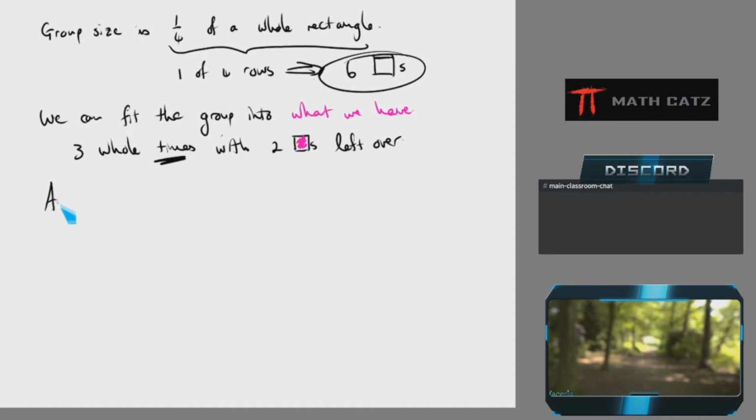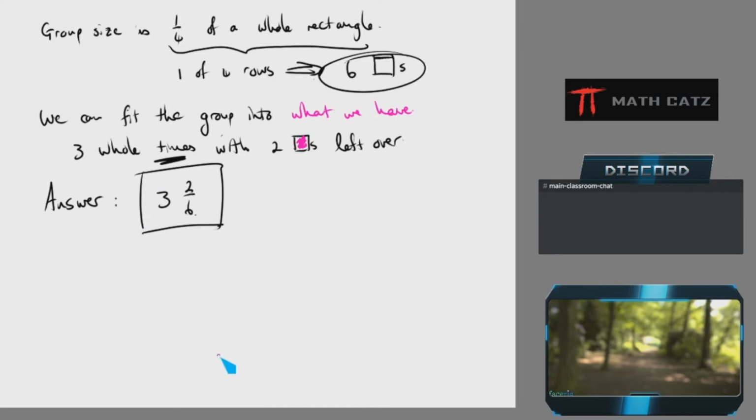So my answer, let's just say it like this. My answer is, of course, going to be 3 whole times. And then I can do this fitting in instruction, not another whole time, but I can fit in another 2 of the 6 that I need. So 2/6 of a time, or 2/6 of a group, I can fit in after my 3. So that is my answer.